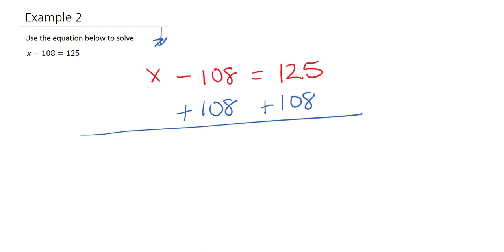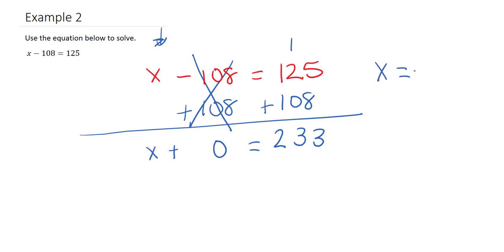We do it to one side, so we have to do it to the other. This just becomes 0, which is perfect. And then on the right, we can either get our calculators out, or we can just do this really quickly in our heads. So 5 plus 3, 13, this is 3, and then that's 2. So x is equal to 233.